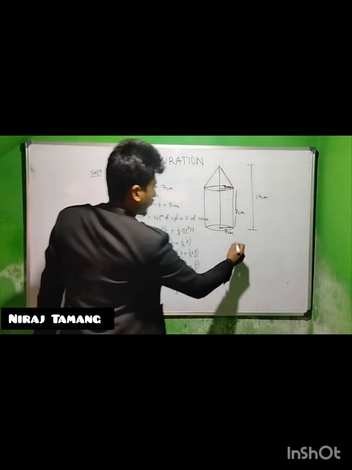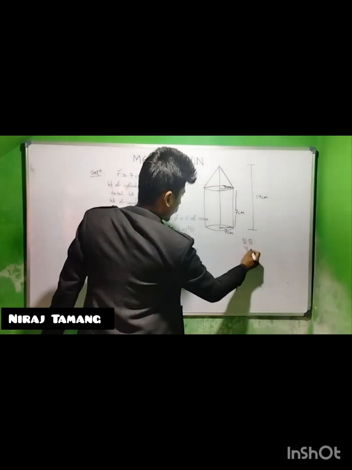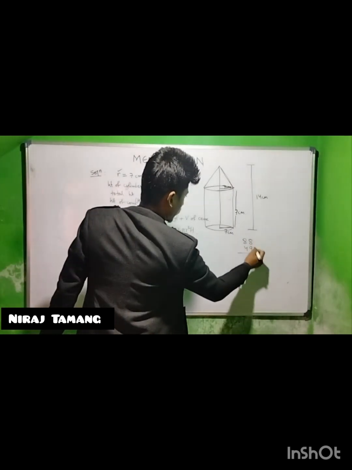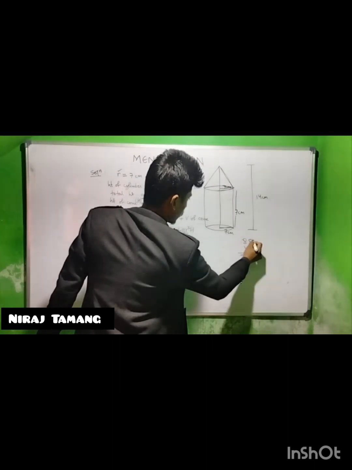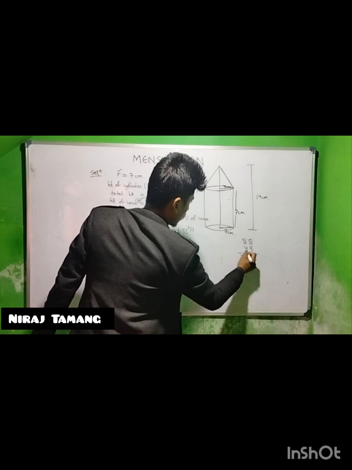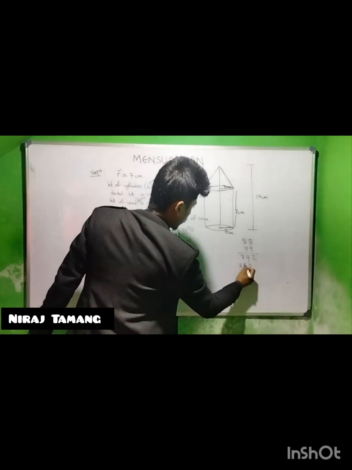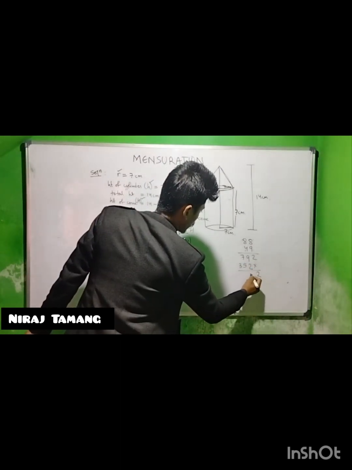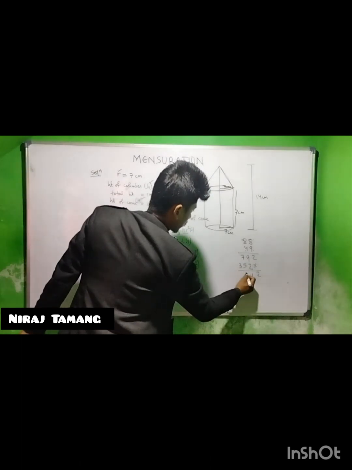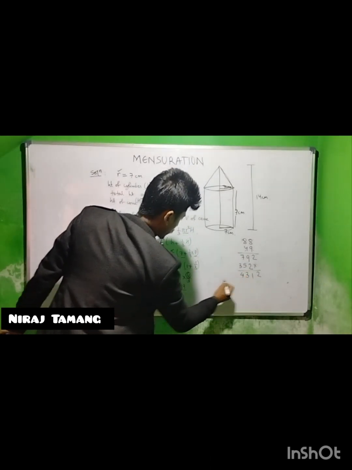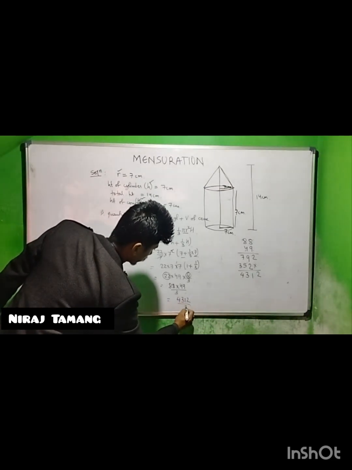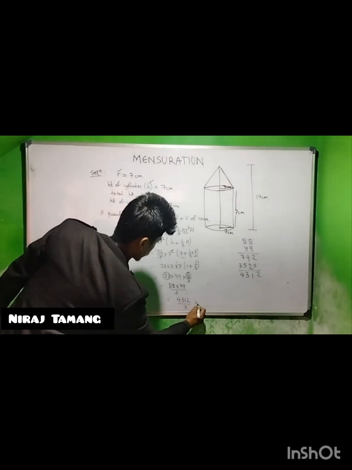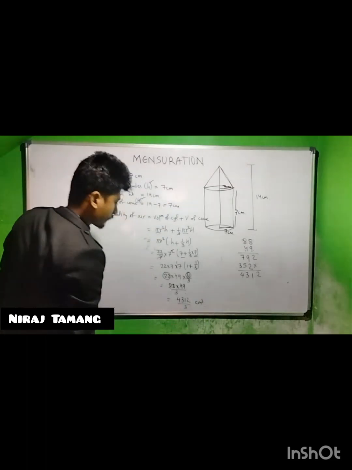So let's multiply 88 by 49. 9 8s are 72, plus 7, 79. 4 8s are 32, plus 3, 35. So it is 2, 11 and 13. It is 4. So we are getting 4,312/3. It is volume, so it is centimeter cube.